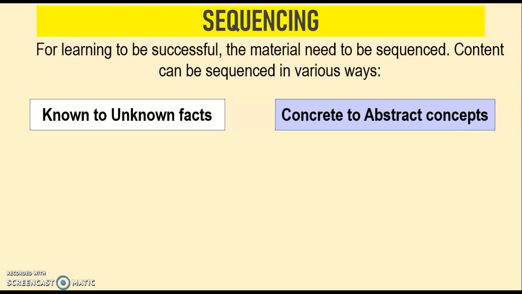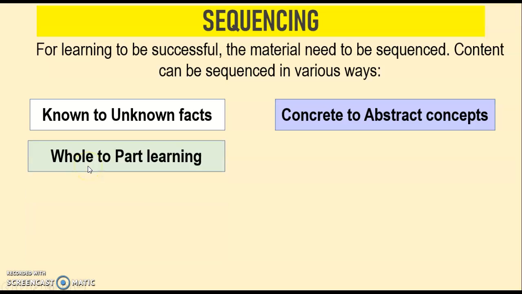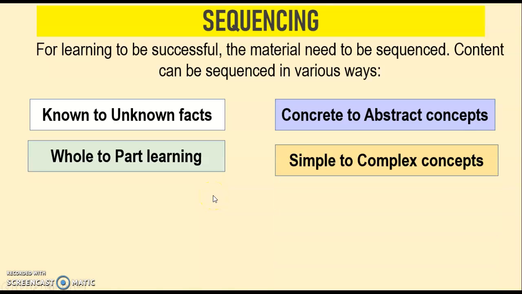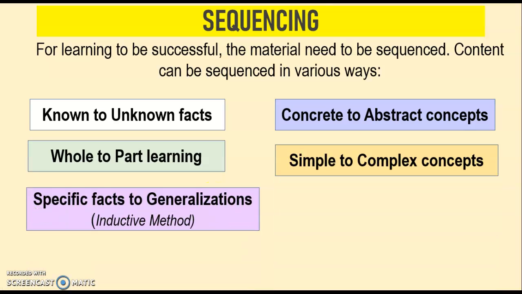That's an abstract concept. We can also sequence our curriculum by moving from whole to part, moving from simple to complex, moving from specific facts to generalizations. And this is what we call the inductive method.